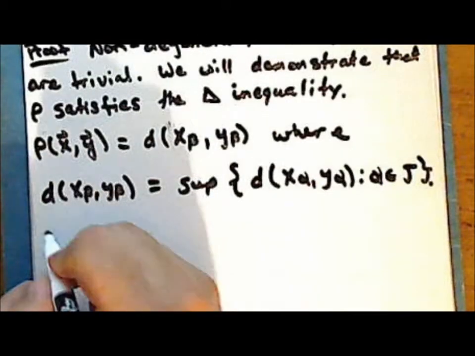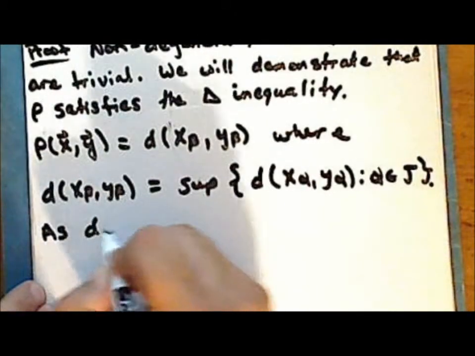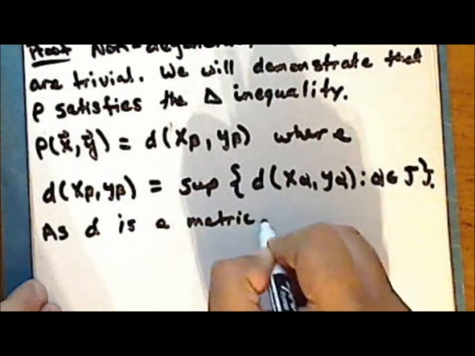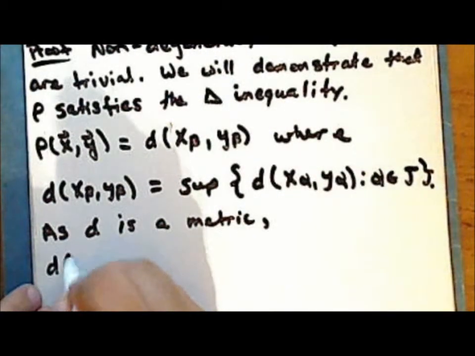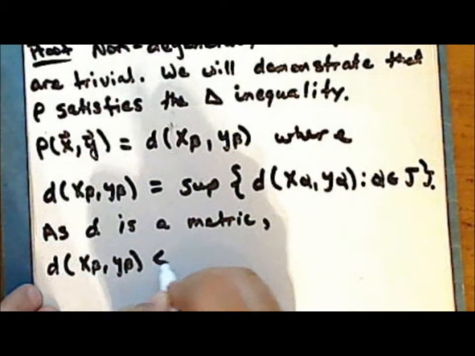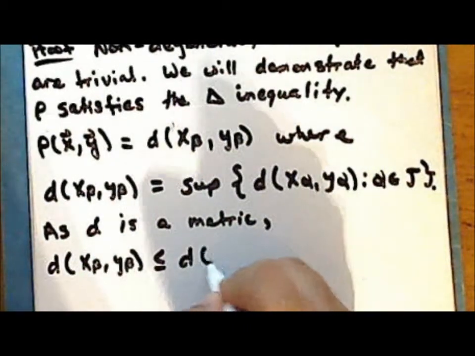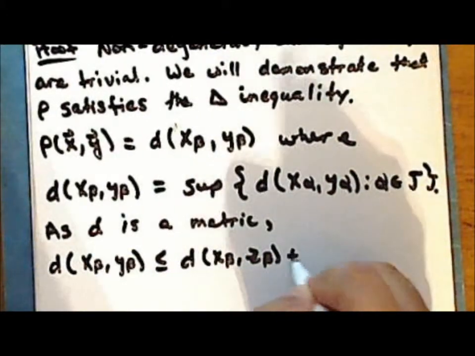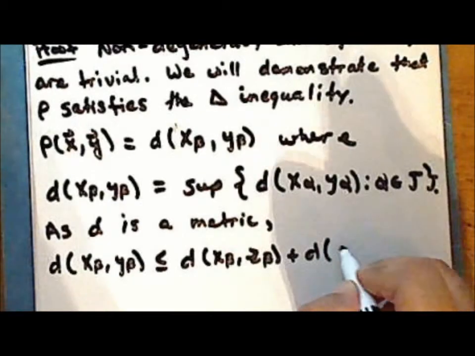So as d is a metric, we have that d of x_beta, y_beta is less than or equal to the sum of d of x_beta, z_beta plus d of z_beta, y_beta.